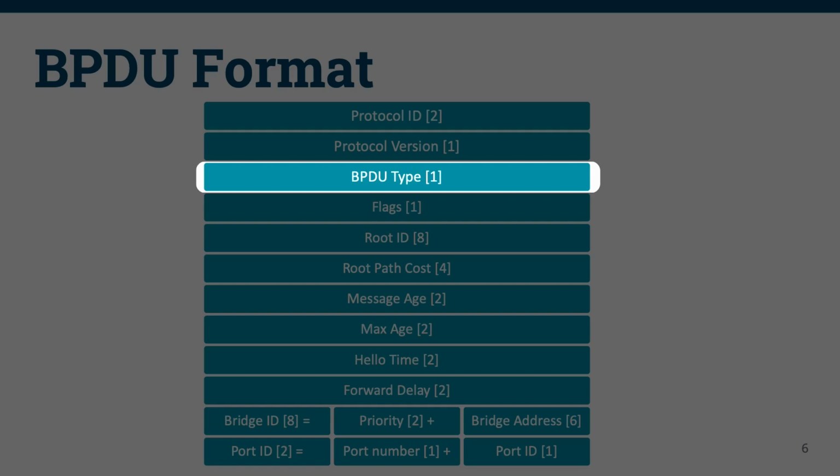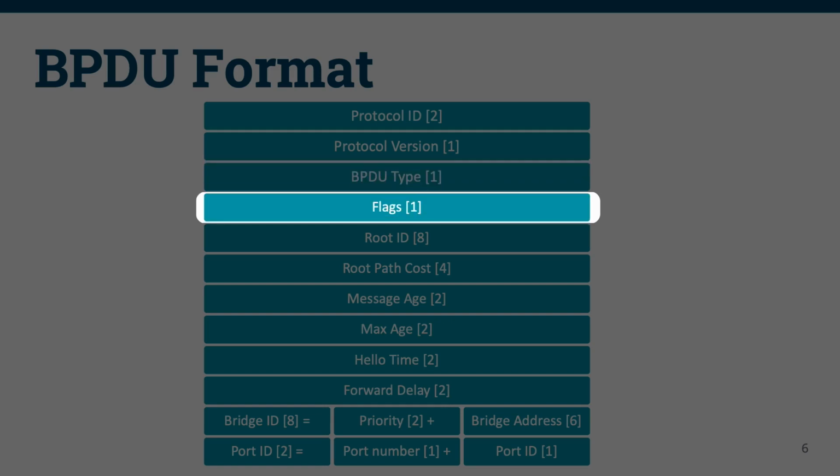When first converging, configuration BPDUs are sent and this field is set to all zeros. For flags, only 2 flags are defined among the 8 bits in 802.1d. The rest are simply reserved.